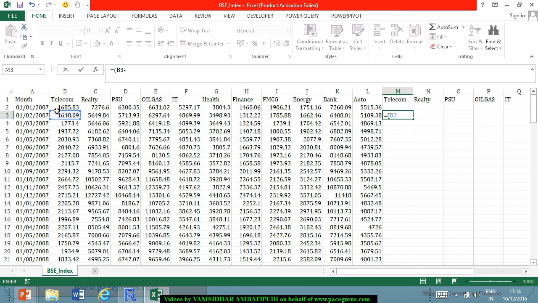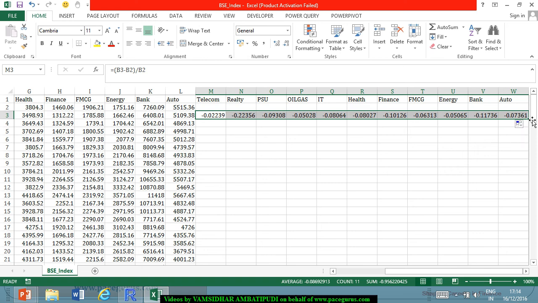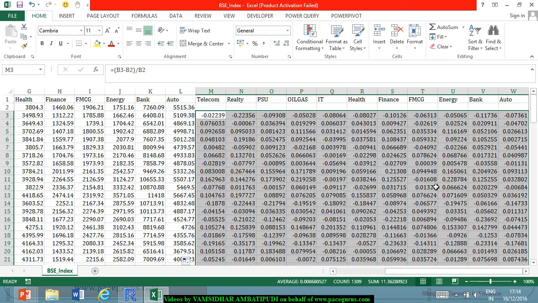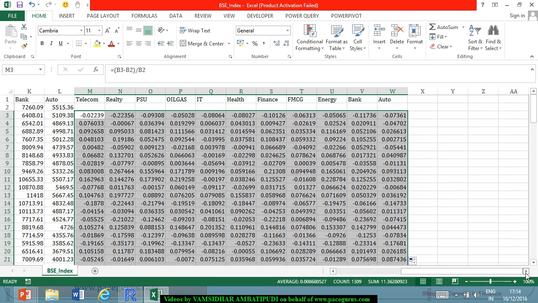So this minus this, divided by, so P2 minus P1 by P1, that is the discrete return. So I can compute the discrete return for each of the sectors. I'm doing this computation for all the sectors. So this is the discrete return way. I'll do the continuous return way as well.